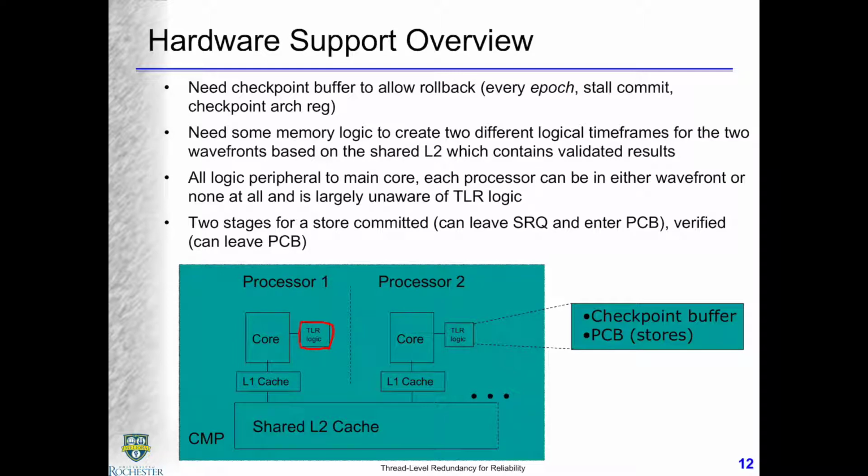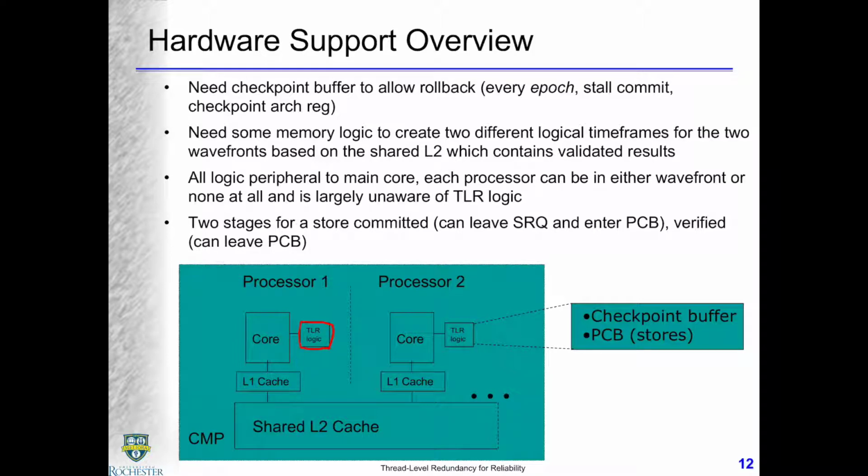And you have a buffer that keeps the stores that you executed in a particular epoch. We call that the post-commit buffer, or PCB, and I'll explain that in the subsequent slide.